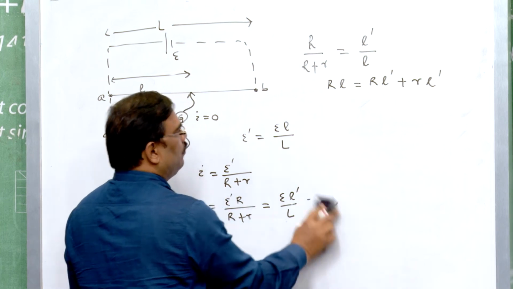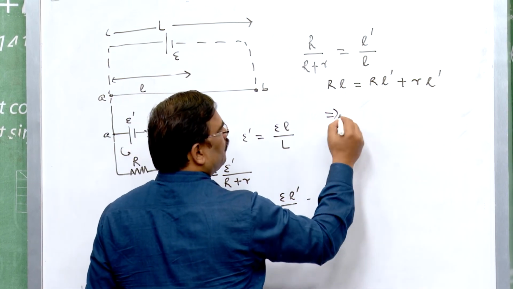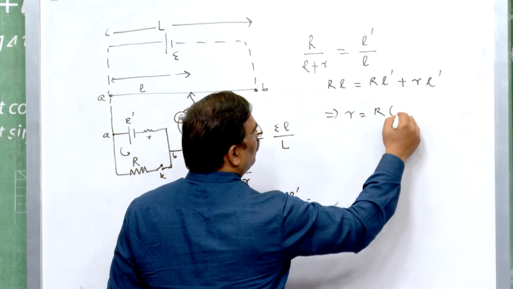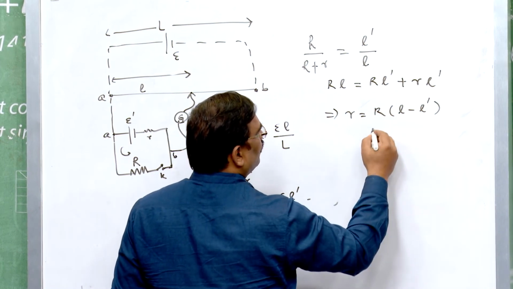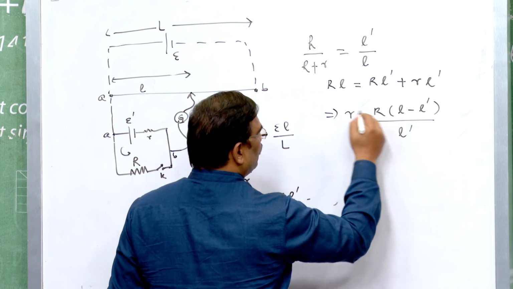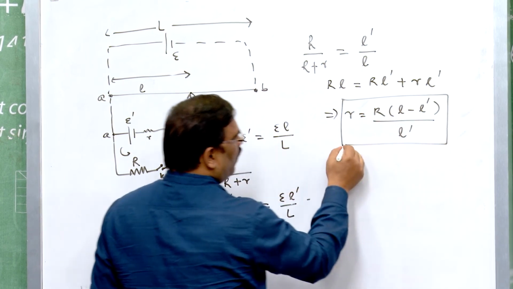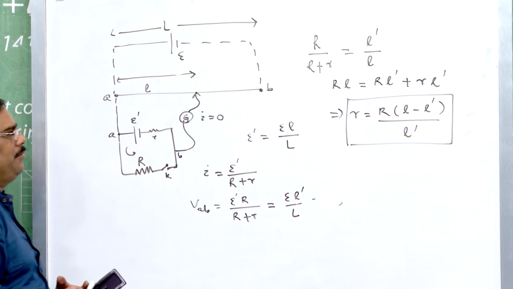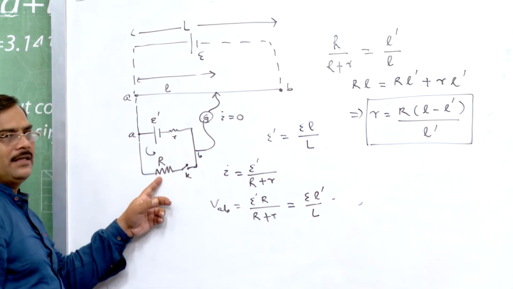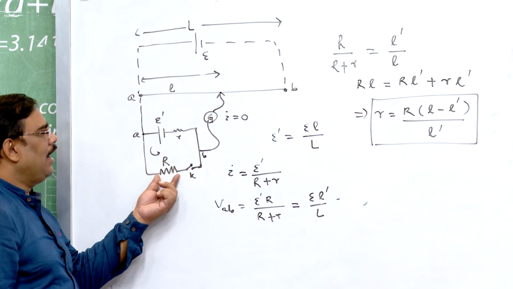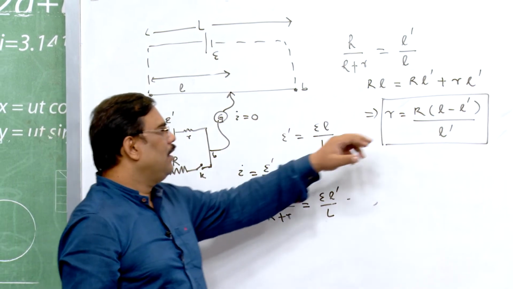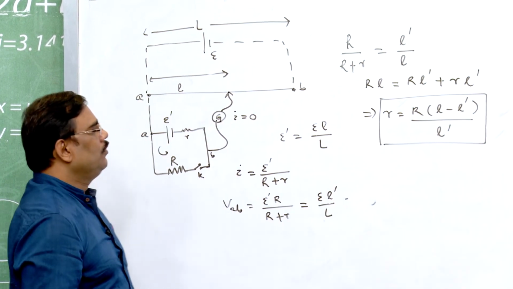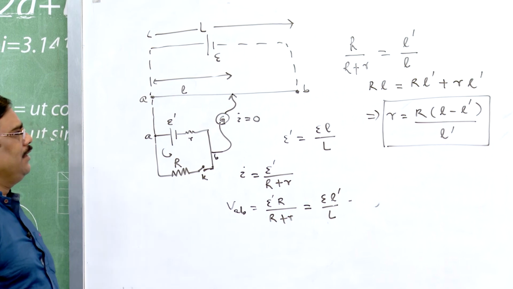Now this implies r equals R into L minus L dash divided by L dash. So, in this way we can find the internal resistance of a battery by connecting another resistance R in parallel. R is known, L is known, L dash is known. So, we can calculate the value of internal resistance.